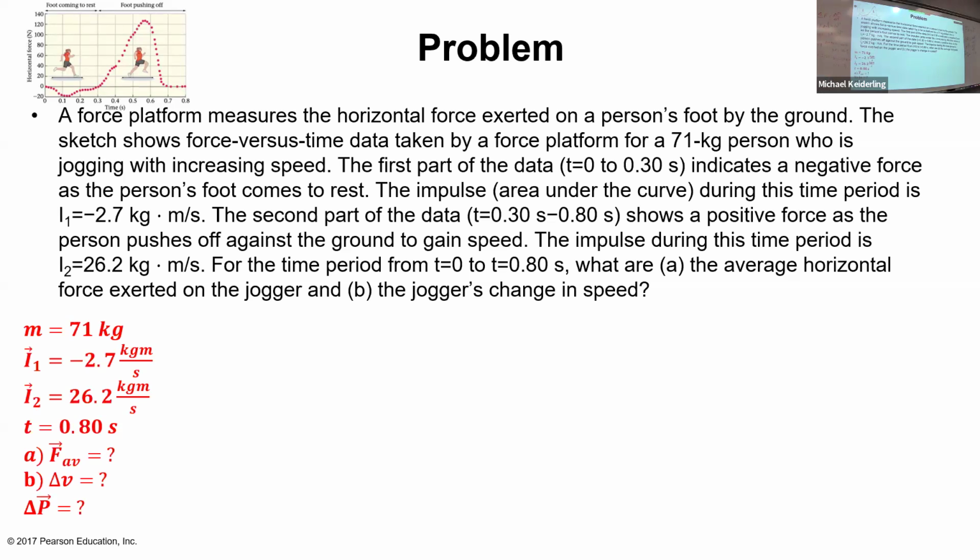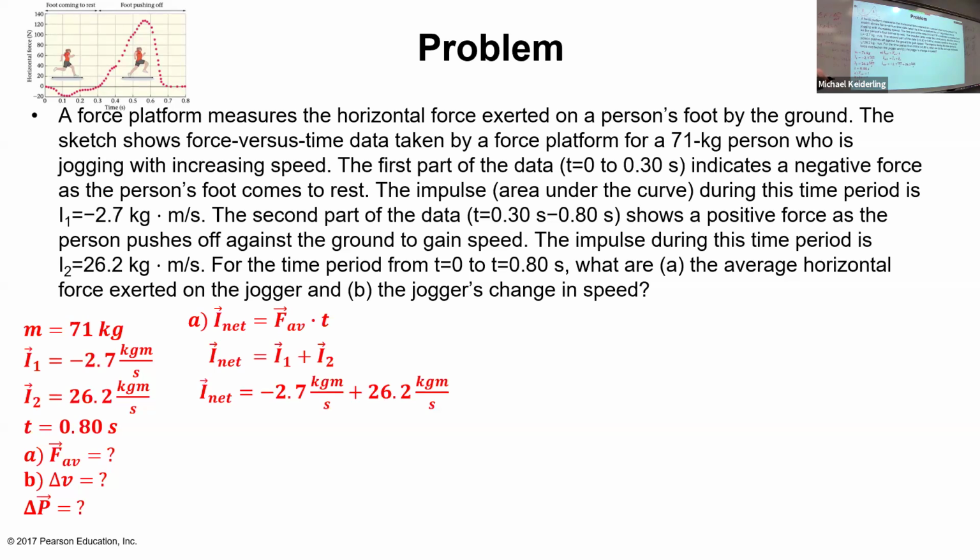To find change in velocity, we're going to need to know change in momentum. So both of these problems are going to use the total impulse. For part A, the net impulse, the total impulse, is the average force times the time. So the net impulse is impulse 1 plus impulse 2.